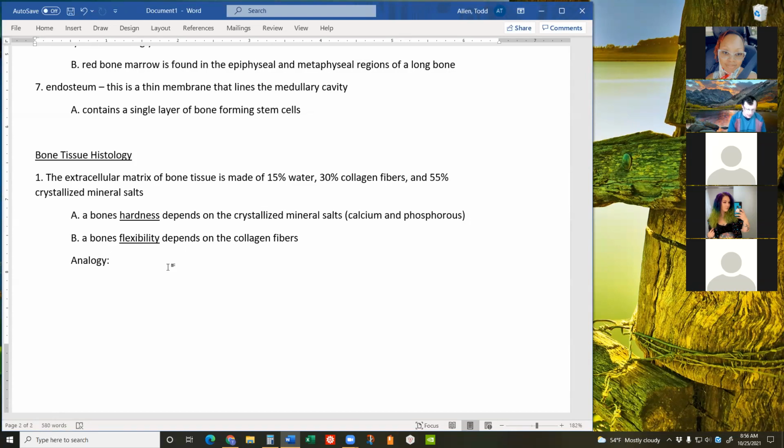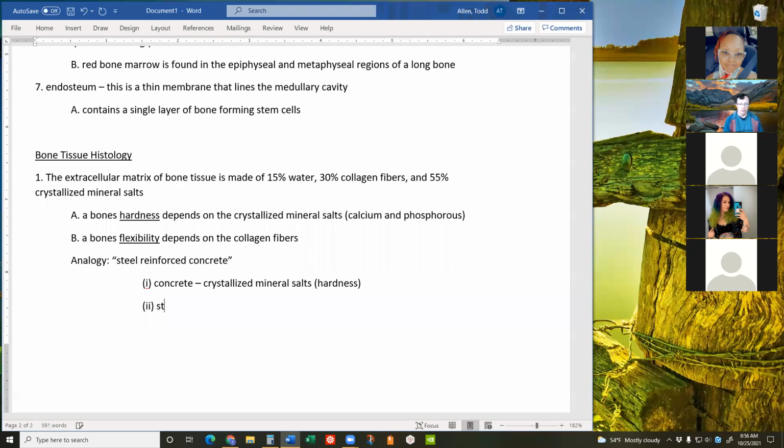So when you think about the extracellular matrix of bones, think about steel reinforced concrete. The concrete is going to be analogous to the crystallized mineral salts. That provides the hardness to our bones.